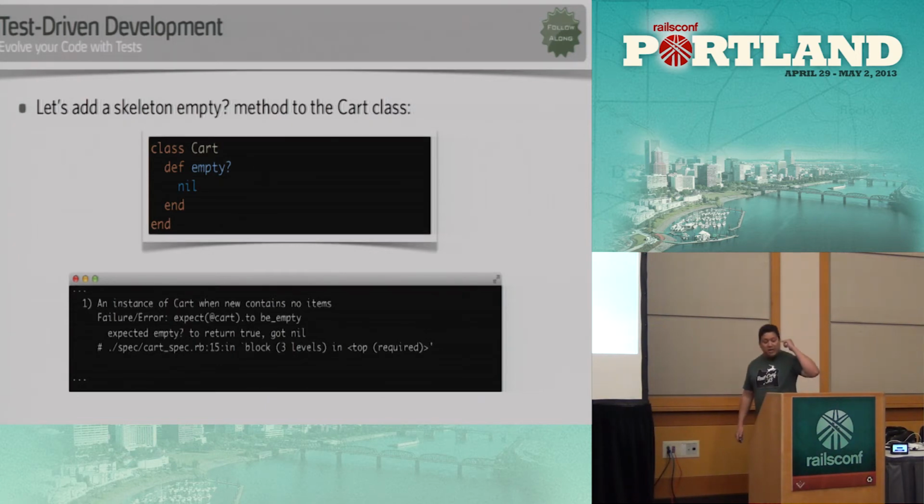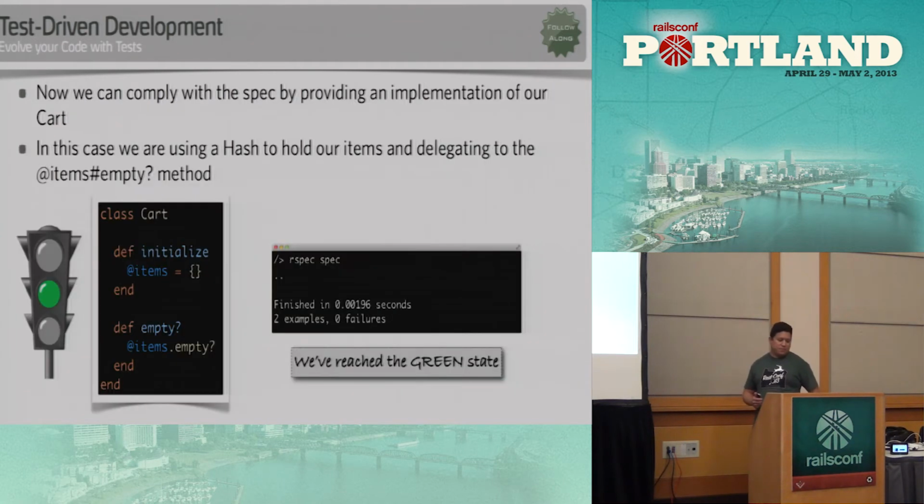Okay, so let's flesh out that empty method on the cart. And now, we can comply with the actual specification that we set out to pass by really adding something behind the scenes. So what I'm doing is I'm going to add a constructor or an initialize method to my cart class where I'm creating this instance variable called items.